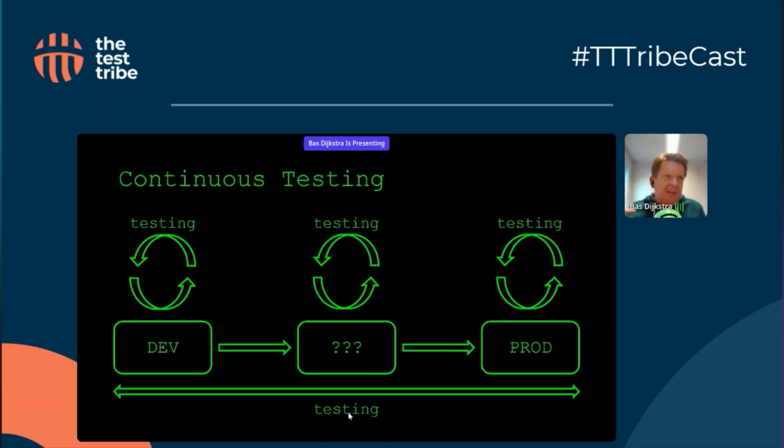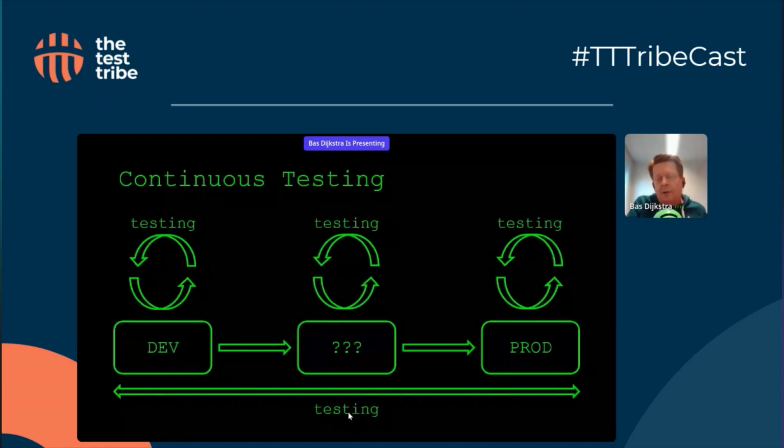That's also typically referred to as continuous testing, which means we'll run tests on local development machines. We test in production, and we test anywhere in between. Test or acceptance environments, staging environments, pre-production environments, you name it, we test there.